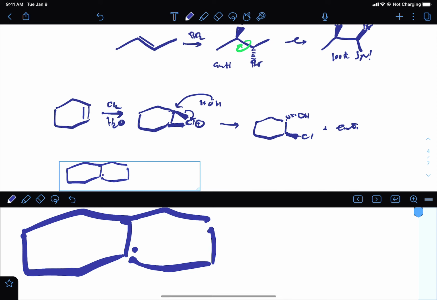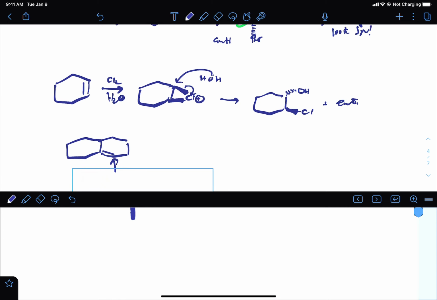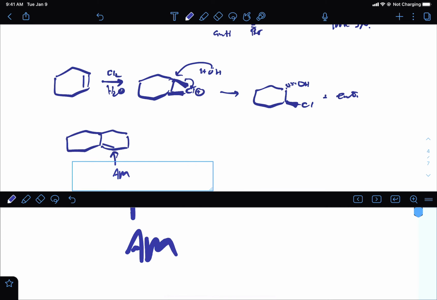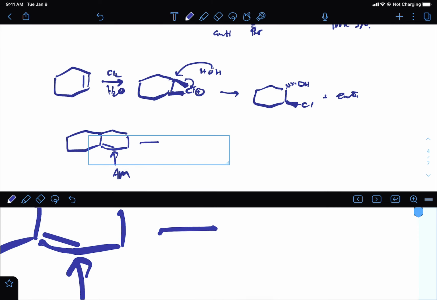If we start with our double bond here, we specifically want the OH there, which is anti-Markovnikov. That's the position that would be violating Markovnikov's rule.